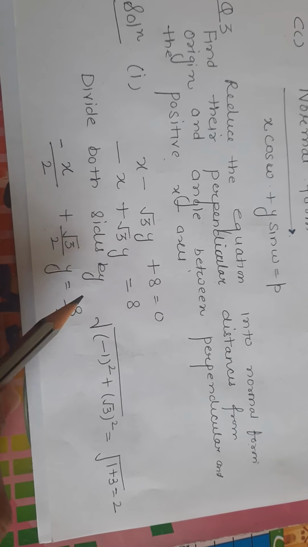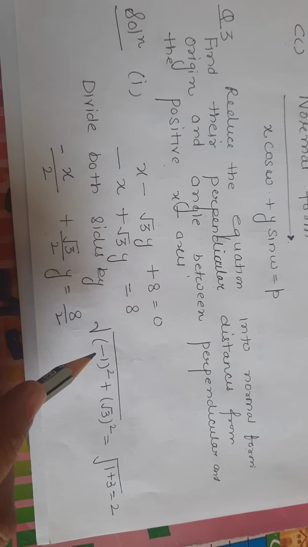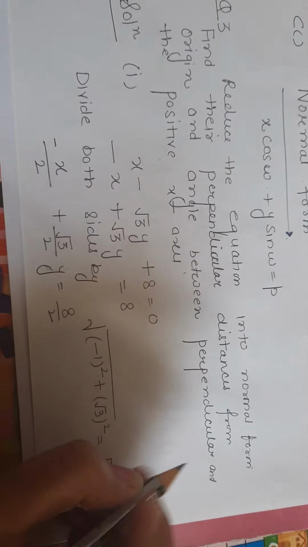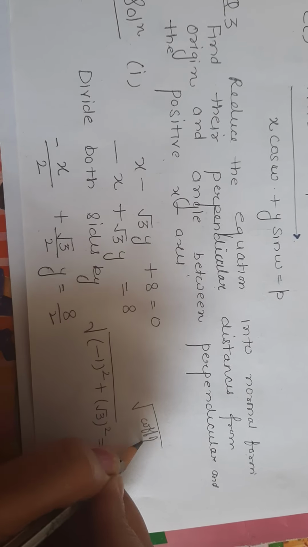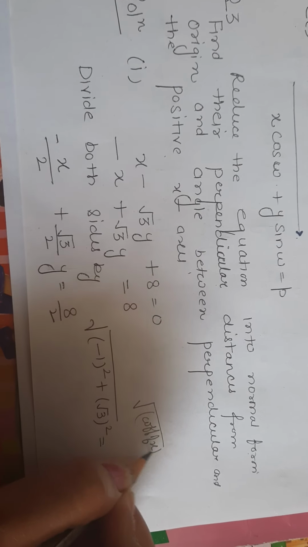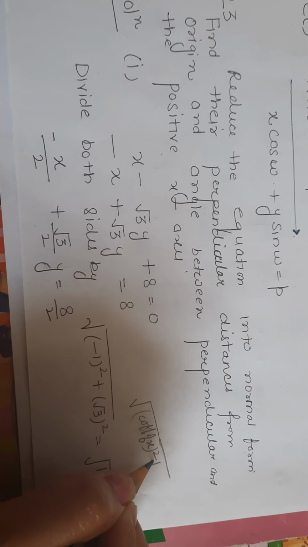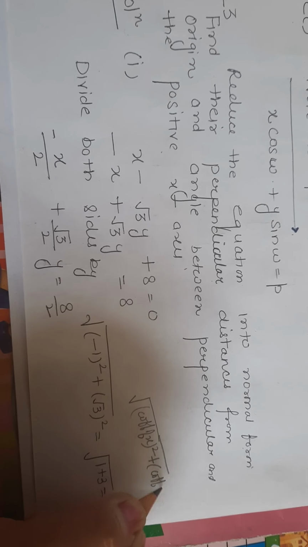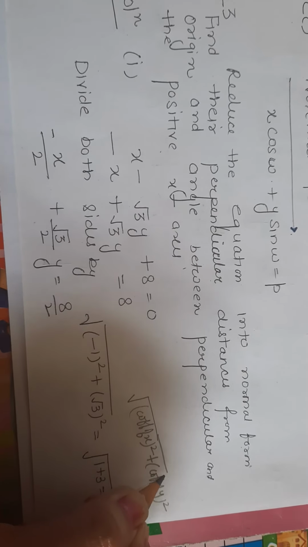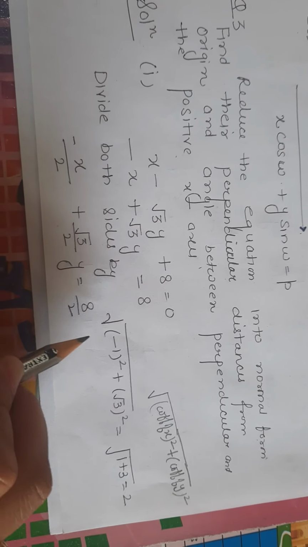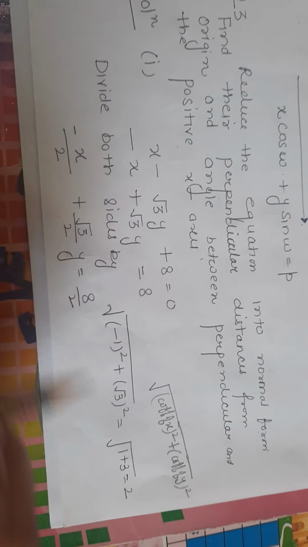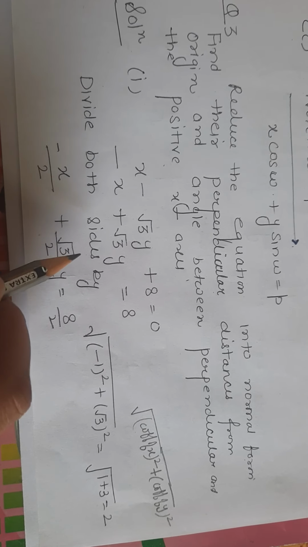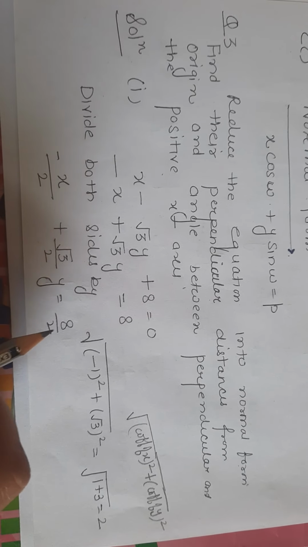Now divide both sides by the square root of the coefficient of x square plus coefficient of y square. So here you have root of minus 1 square plus root 3 square. 1 plus 3 is 4. So this is minus x by 2 plus root 3 y by 2 equal to 8 by 2.